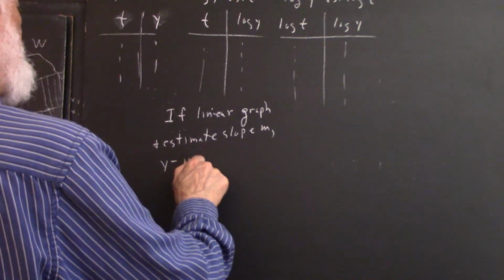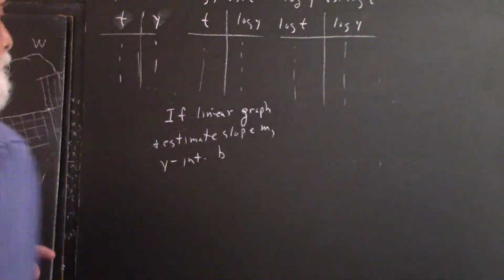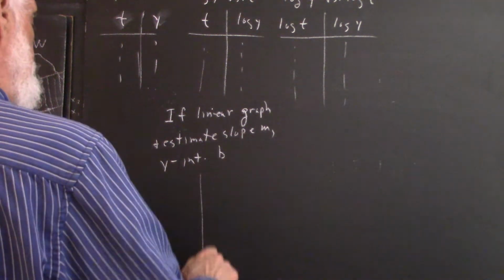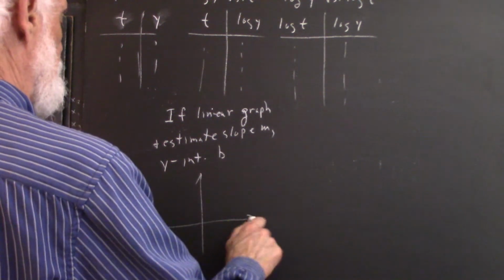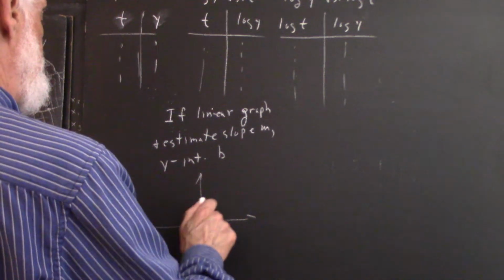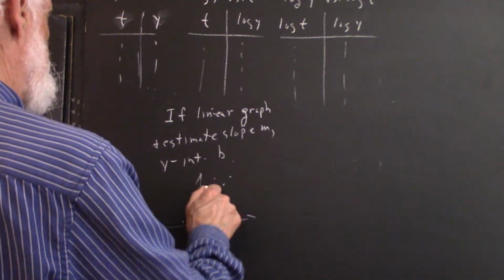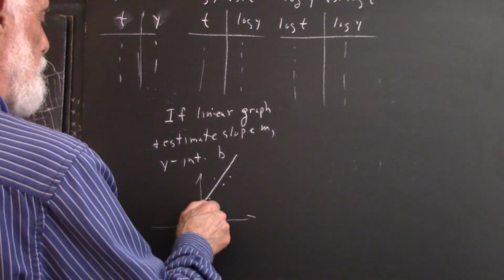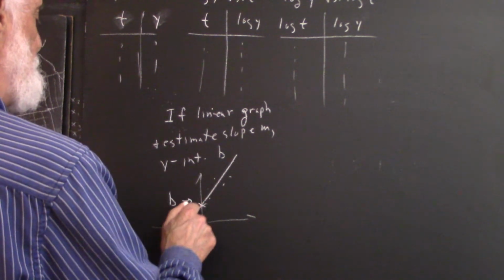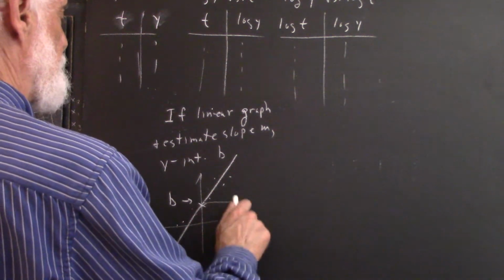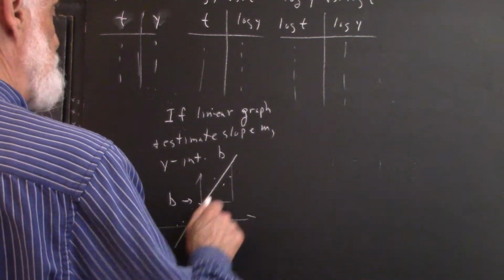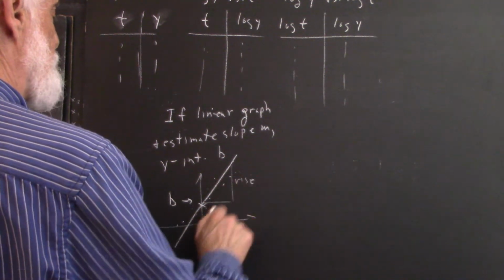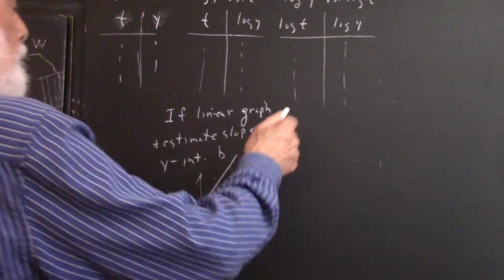You graph it and estimate the slope m, the y-intercept b. So your graph might look something like this. It looks like a straight line. You draw the straight line. Here's your y-intercept. And your slope is rise over run. So just find the rise, divide by the run, and you have your slope.